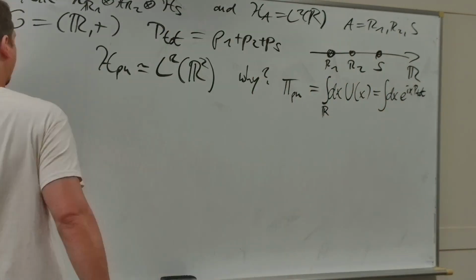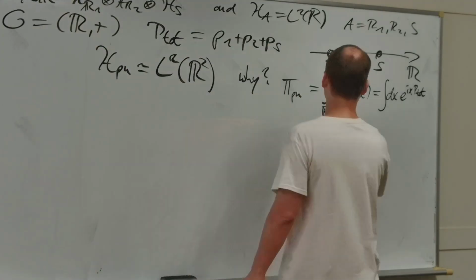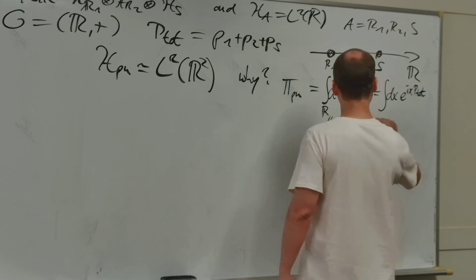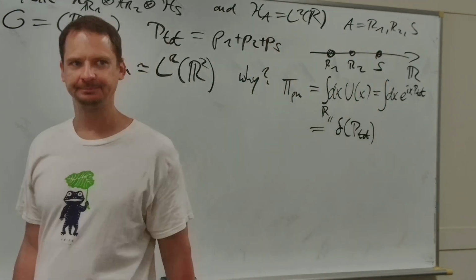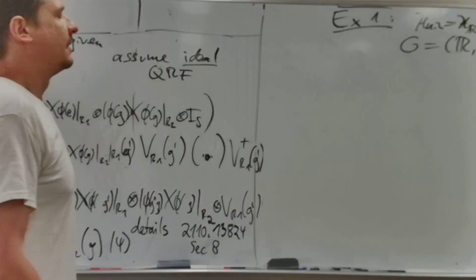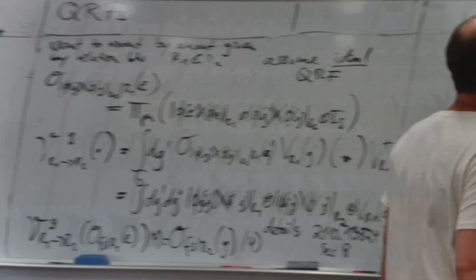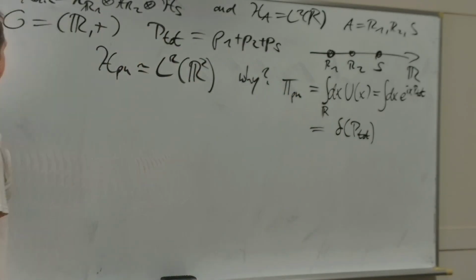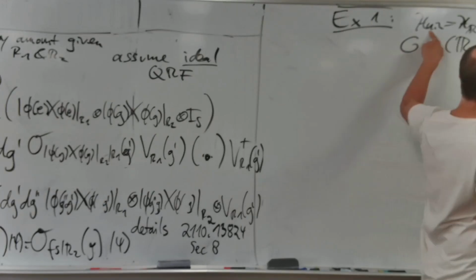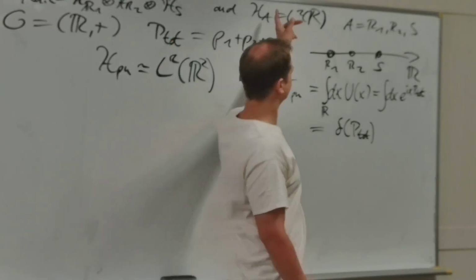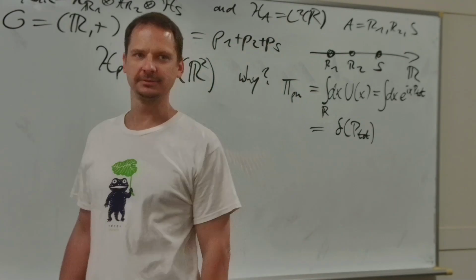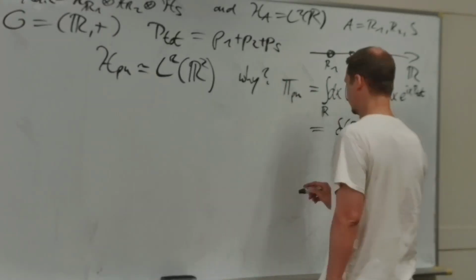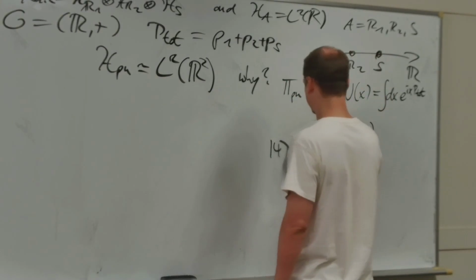And so I can formally write this as the delta function of the total momentum. Now the kinematic Hilbert space is isomorphic to an L2 over R^3.